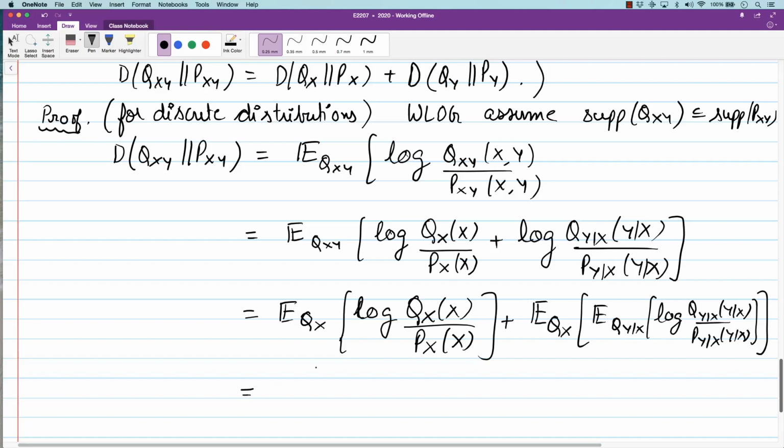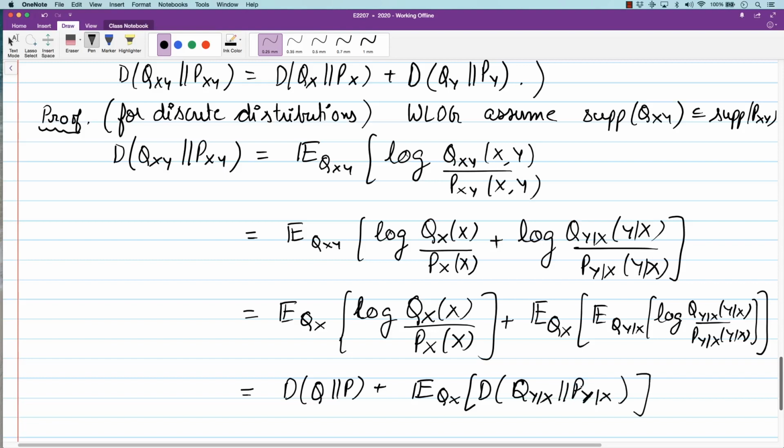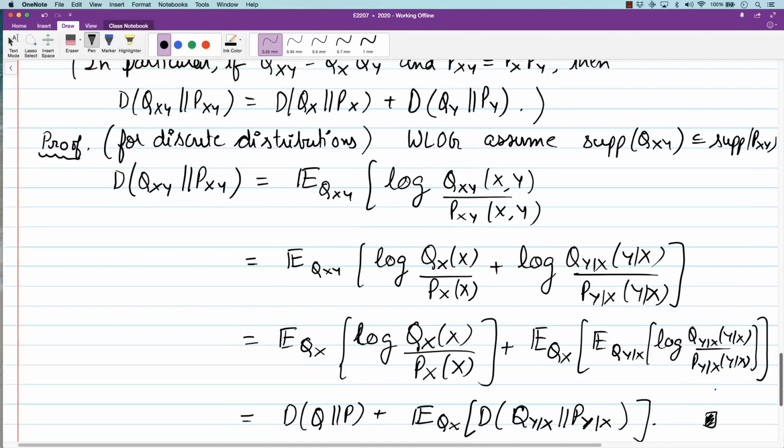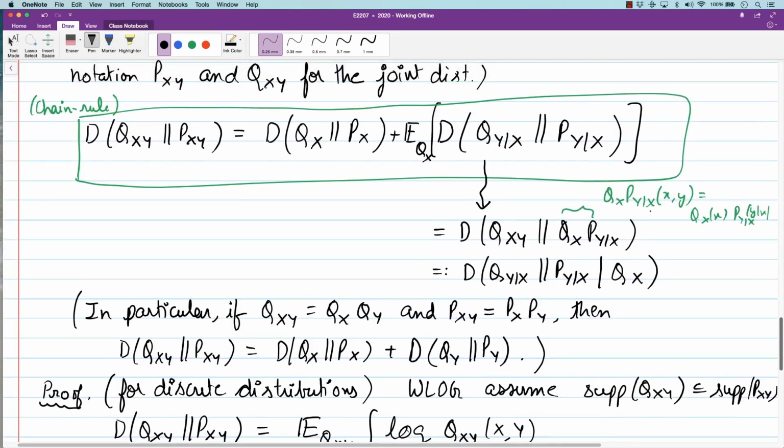So when you do this, the first term is just the divergence of qx from px, and the second term is the expected value over qx of the divergence of qy given x from py given x. More or less an elementary proof. It's by definition. So that's what we get. This was the second property that we wanted to cover, this chain rule.